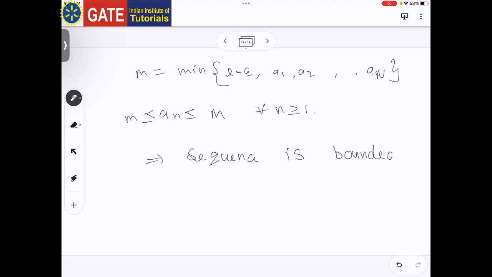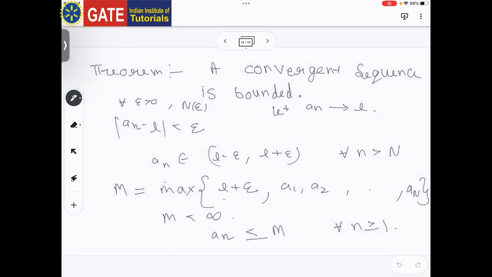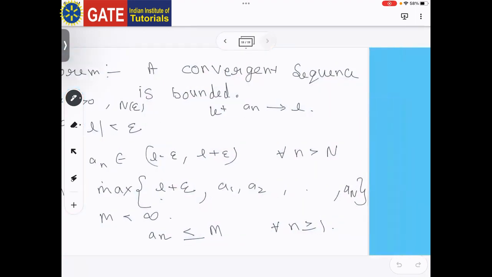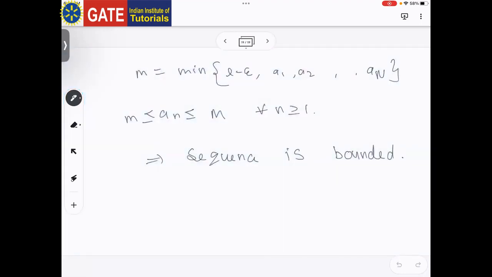Sir, but the converse is not true, na? Huh? The converse need not be true. I can give you an example. Consider your a_n to be minus 1 raised to the power n.